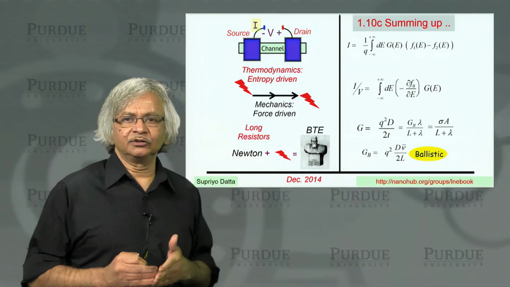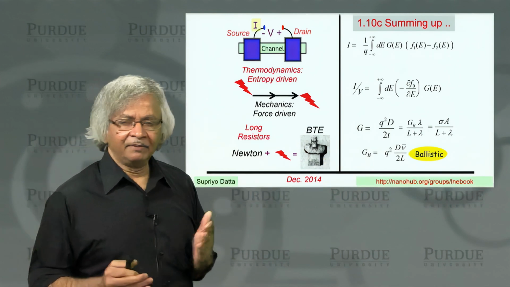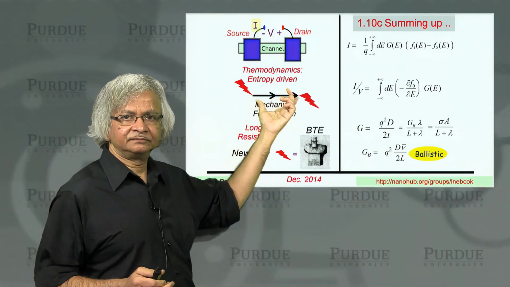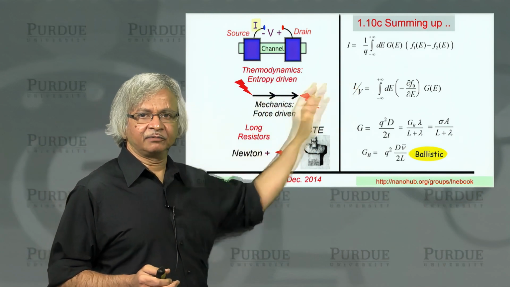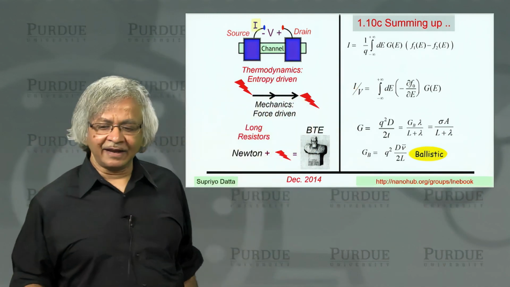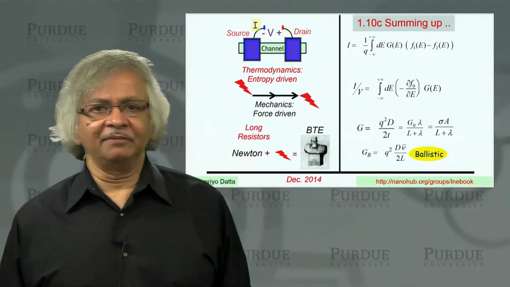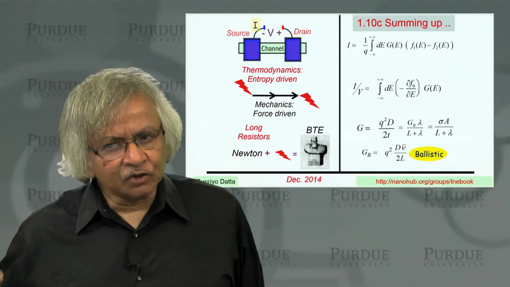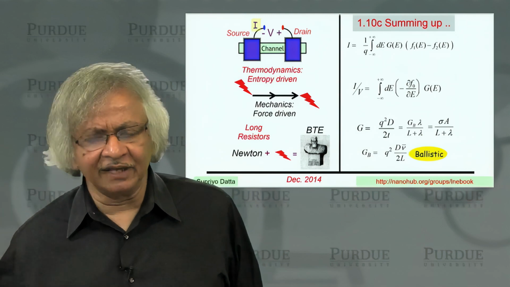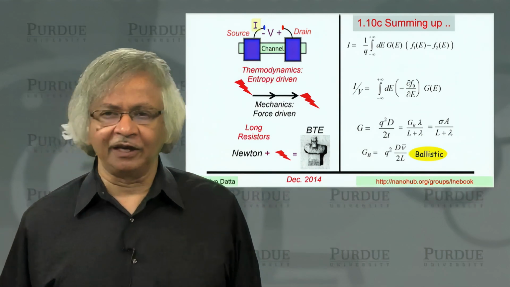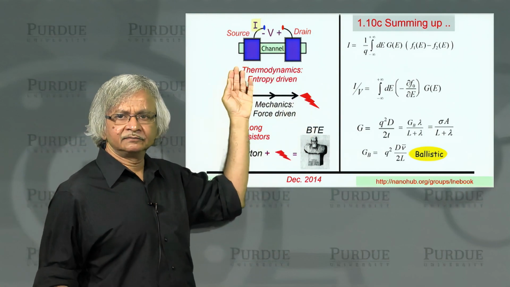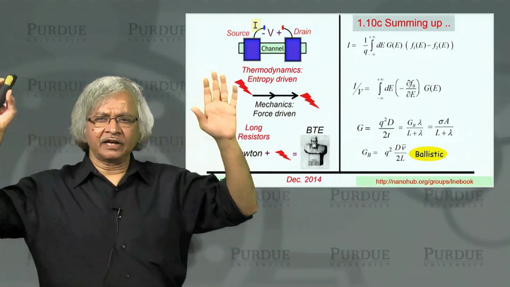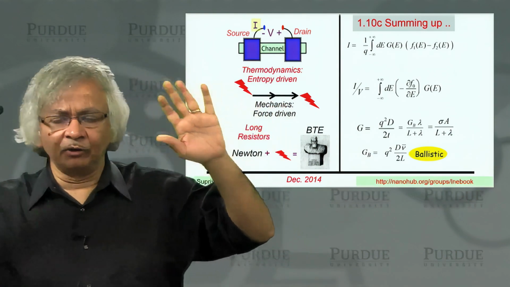Whereas what we were able to do is get results very simply because we made this assumption. When you make this assumption, the mechanics is separated from the thermodynamics. And so you can take care of the thermodynamics in a way that's so simple that you don't even realize what you're doing. The way we took care of it is by saying that we have these two big contacts, and there are all kinds of thermodynamic processes going on there.